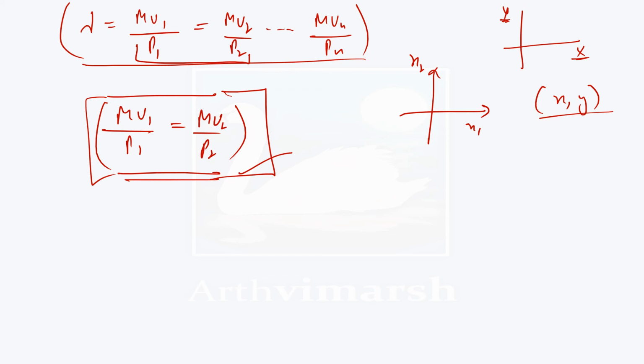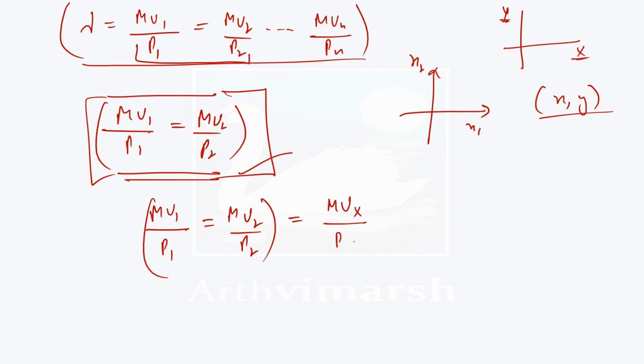So in both theories, the cardinalist and the indifference curve approach, we have the same expression: mu1 ratio of the marginal utility to the prices, and this is again equal to, so on up to mu of x upon p of x. In general form, you can write mu y upon p of y; it can be any commodity.